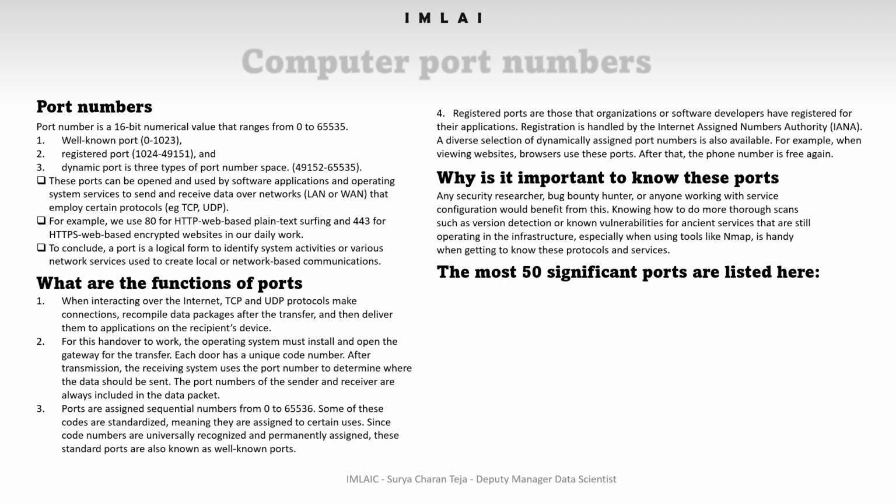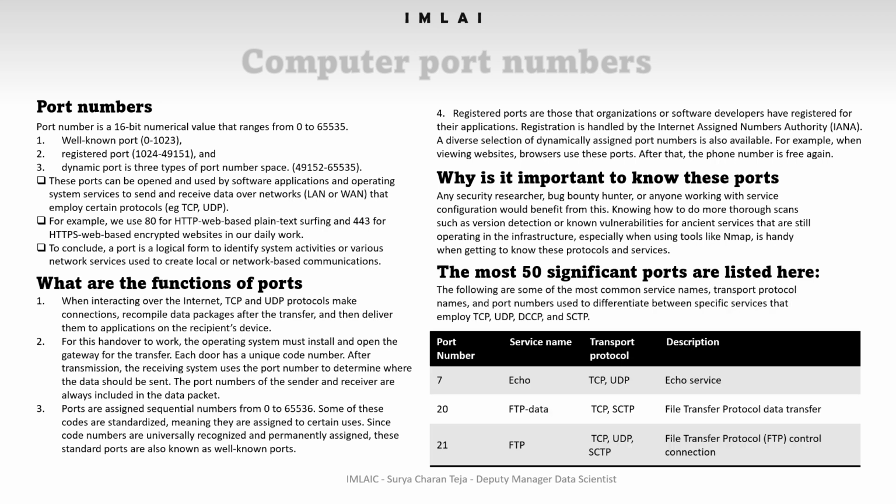So let's look into various services which run at default port numbers and their protocols and description. So we will begin with 7, that is Echo. Service name is Echo, and the transport protocol it uses is TCP or UDP, and the description is known as Echo service.